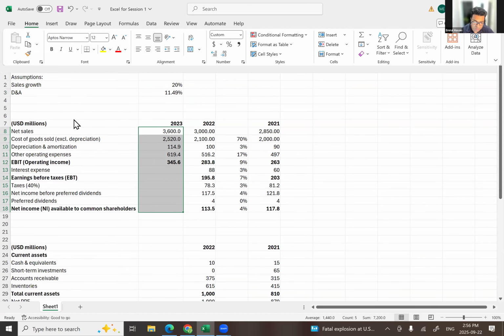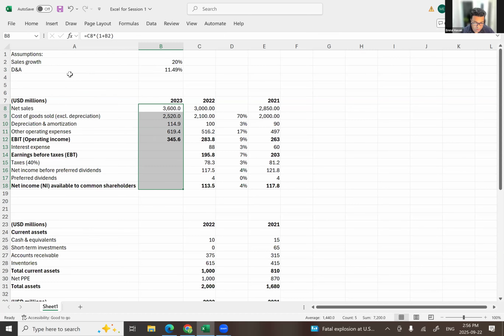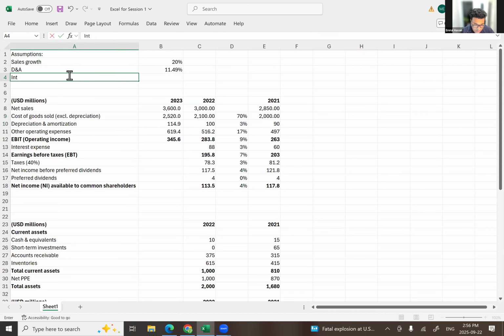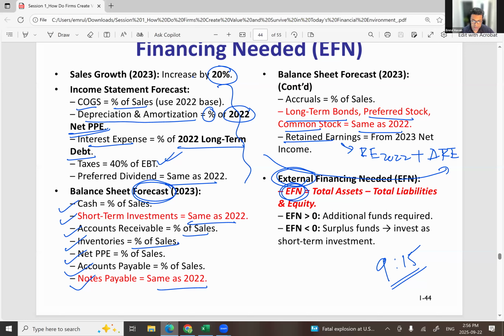Okay, now interest expense is similar to depreciation. So I need a number here. I need interest expenses. I will go back to the assumption just to see what it says. Only for long-term debt. Look, here you could make an argument, Emrul, why long-term debt? Why not notes payable? It's possible. Then the assumption will tell you, or you can make an assumption. But remember, the interest that you pay in Canada for long-term debt versus short-term debt, which is notes payable, are not the same.